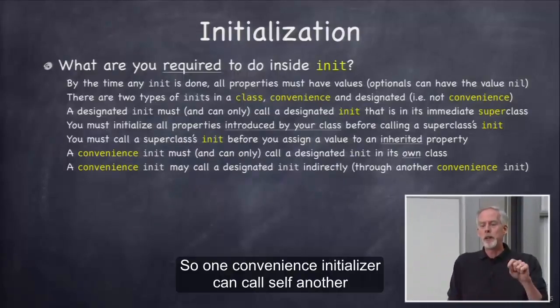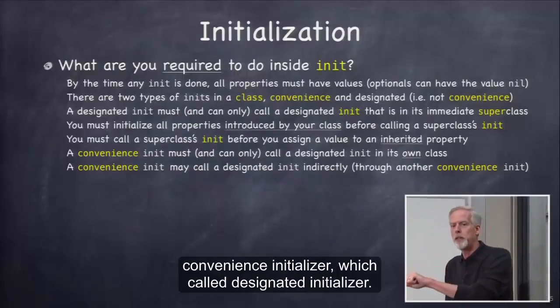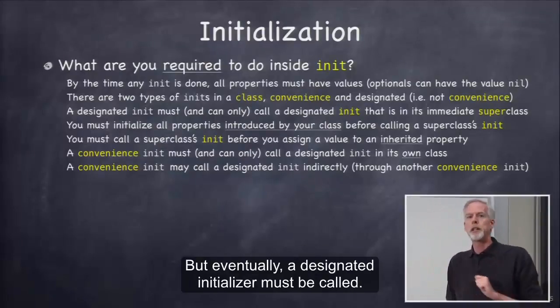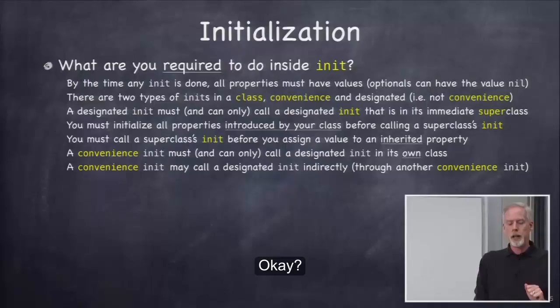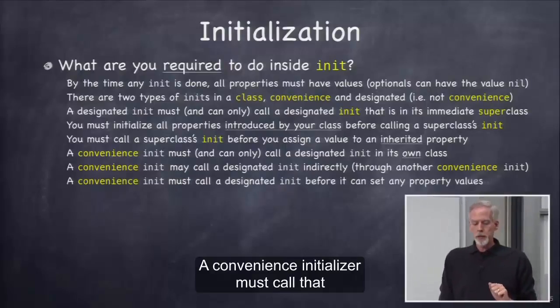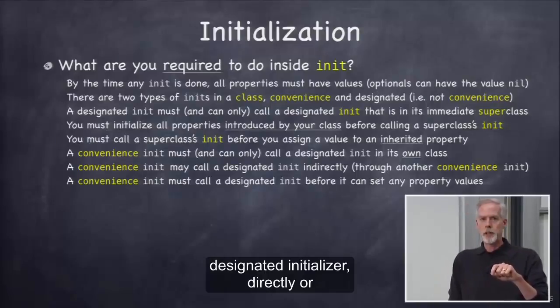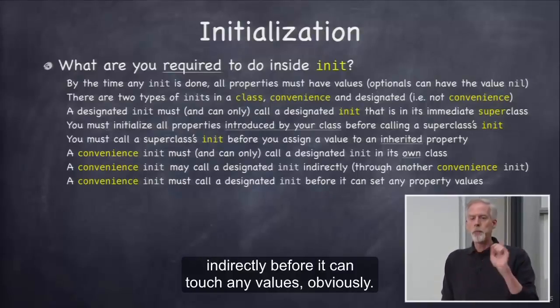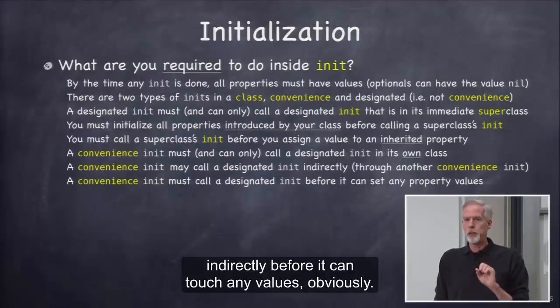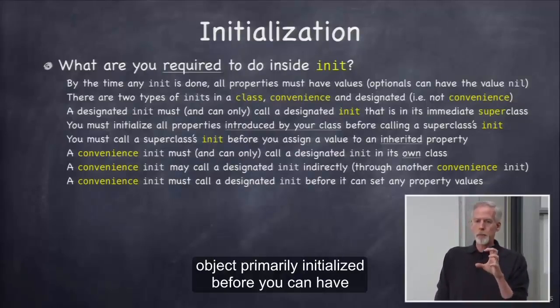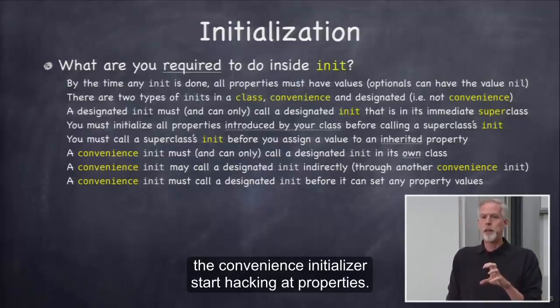Okay, so one convenience initializer could call self another convenience initializer, which calls a designated initializer, but eventually a designated initializer must be called. Okay. A convenience initializer must call that designated initializer, directly or indirectly, before it can touch any values, obviously.